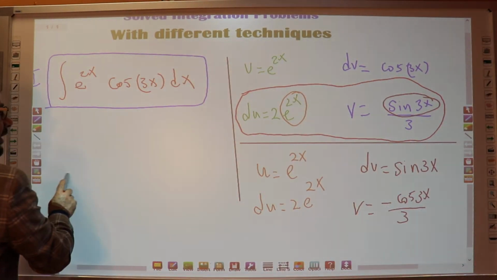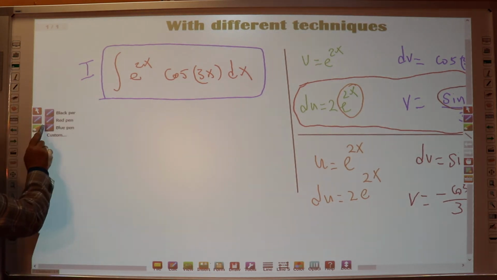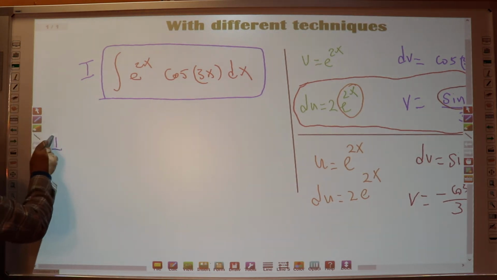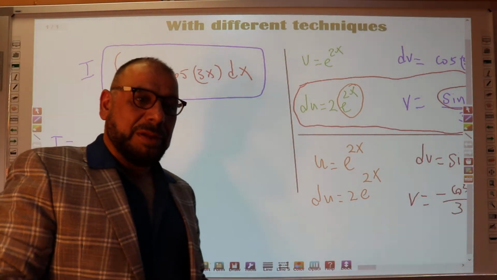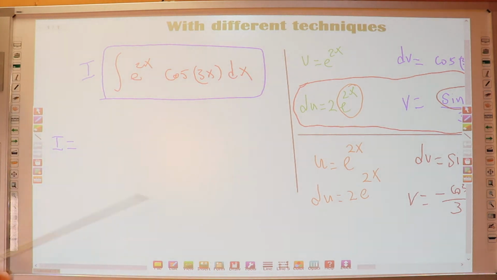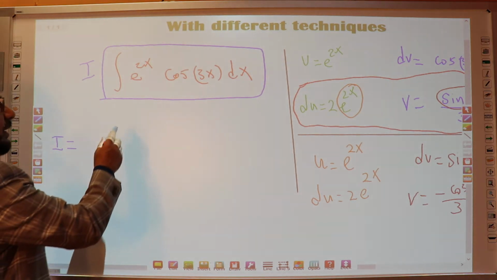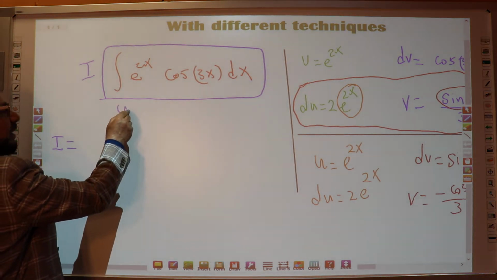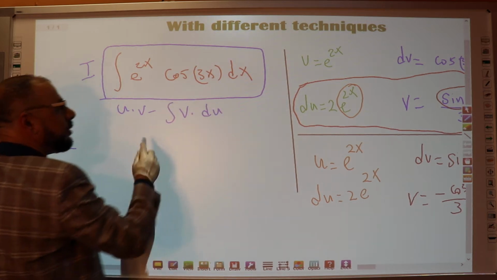Bring me back to my integration. I'm going to call all this I. You remember the formula: uv minus integration of v du.